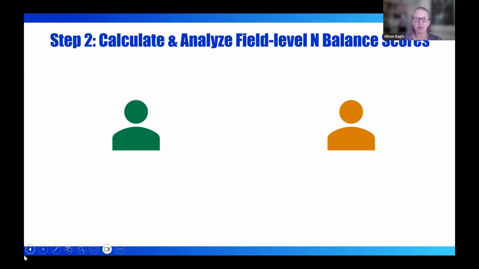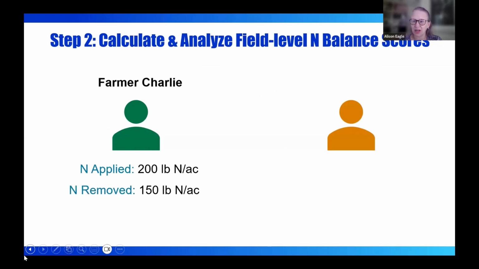And one note would be that data must be collected at the field level in order to be the most useful. Here we'll give some examples for step 2, to calculate and analyze the field-level nitrogen balance scores. We've got Farmer Charlie, who has applied 200 pounds of nitrogen per acre and then removed 150 pounds of nitrogen per acre in their corn grain, and the nitrogen balance score ends up being 50 pounds of nitrogen per acre.